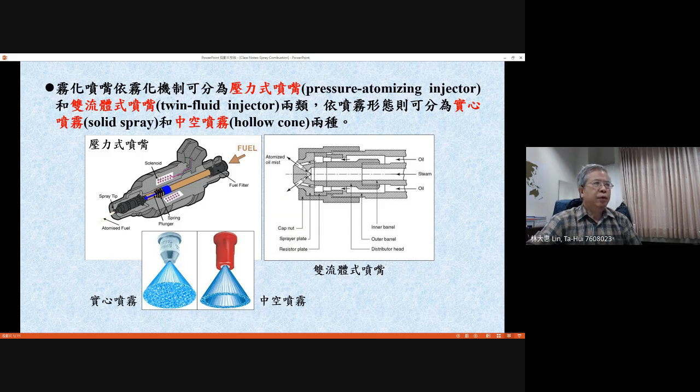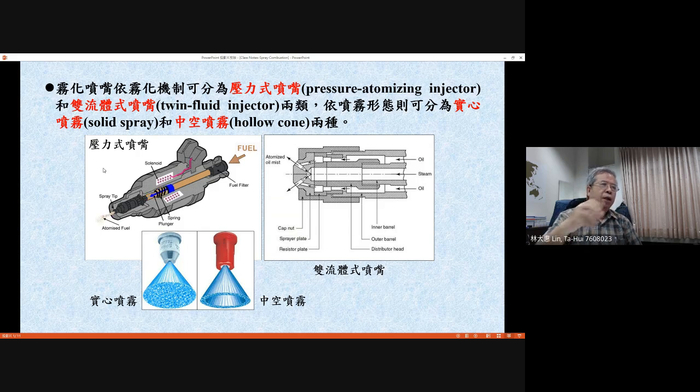The left-hand side represents the pressure atomizing injector. This is a typical example for diesel fuel. Usually, diesel fuel requires a very high pressure to push the diesel because the diesel has a higher viscosity, so it is very hard to atomize it as a spray.